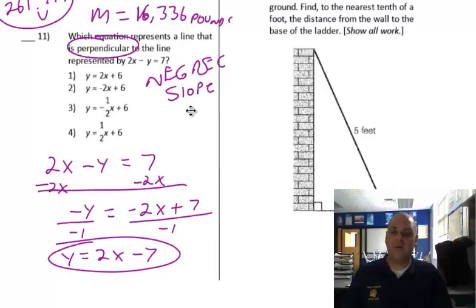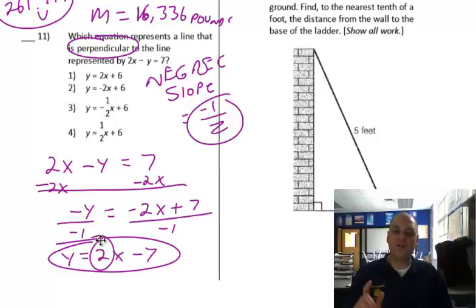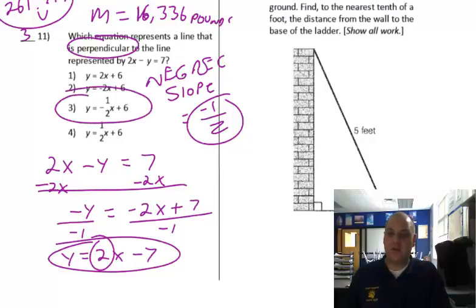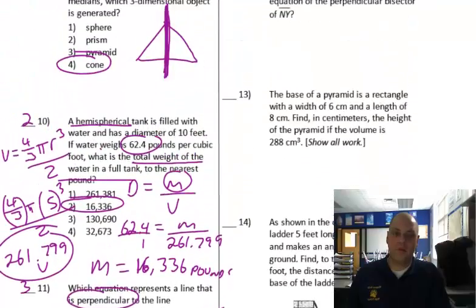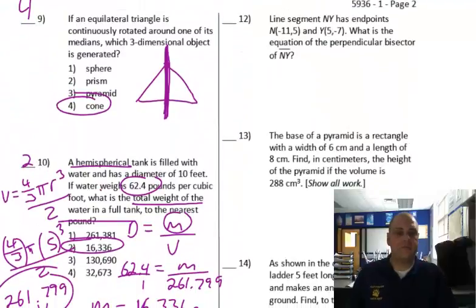The negative reciprocal slope is going to be -1/2, because I have 2. Which one of these has a -1/2? That would be choice 3. So 11 is 3. We're getting there. 5 more, that's it. This one is involved.